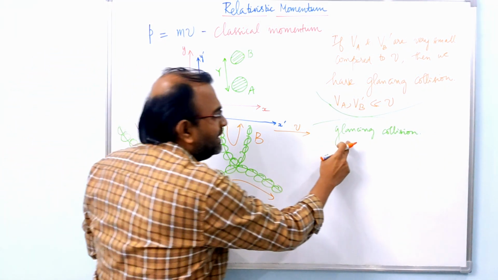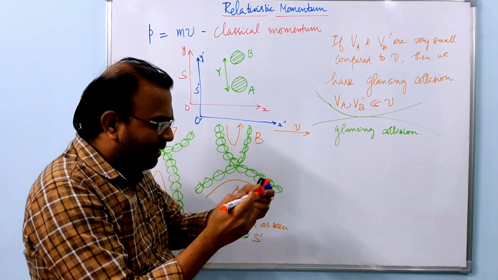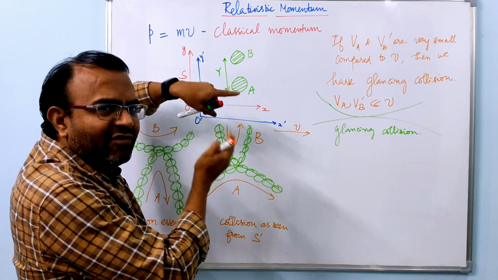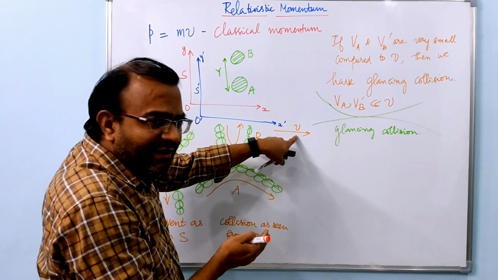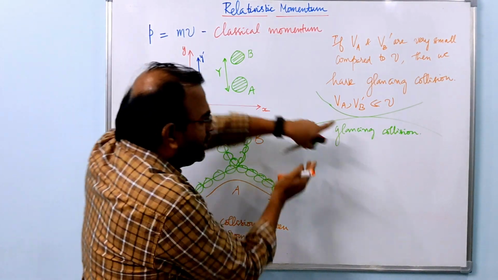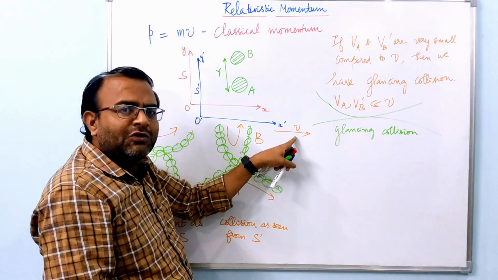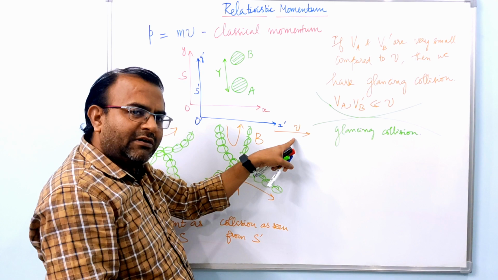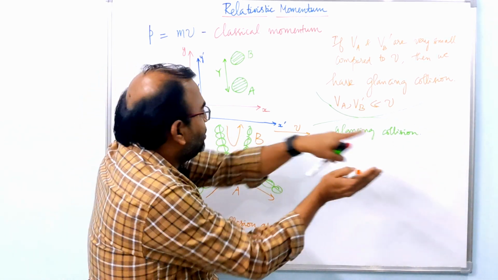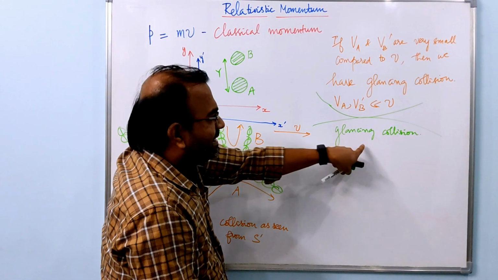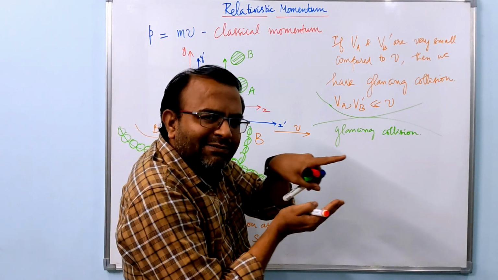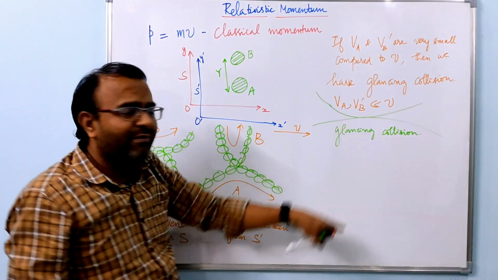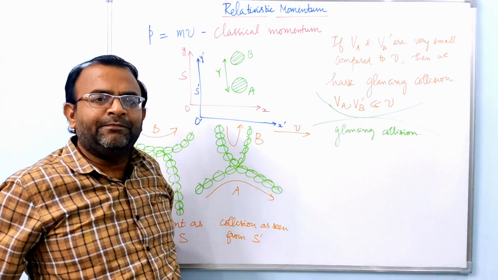Under that condition, the collision is a glancing collision. That means the two objects no longer have a dominant velocity in comparison to v, therefore their trajectories are going to be governed by the relative motion of the frames of reference at velocity v, and the two objects just barely touch each other, collide and then go away. That is what we mean by glancing collision.